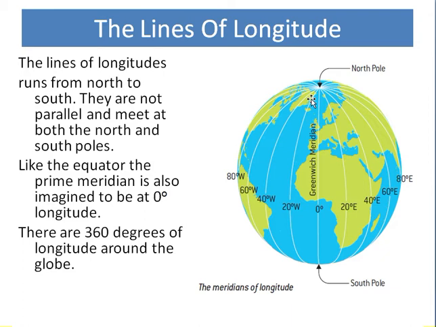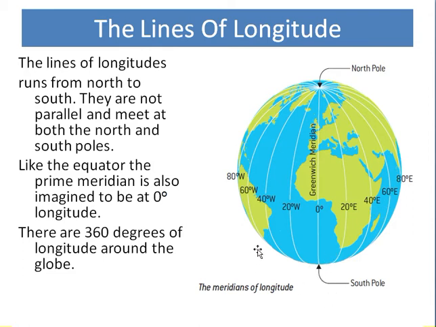The distance is less. Okay, they are not parallel, you can see, and meet at both the north and the south pole. All the lines meet at one point. Okay, north pole and south pole.